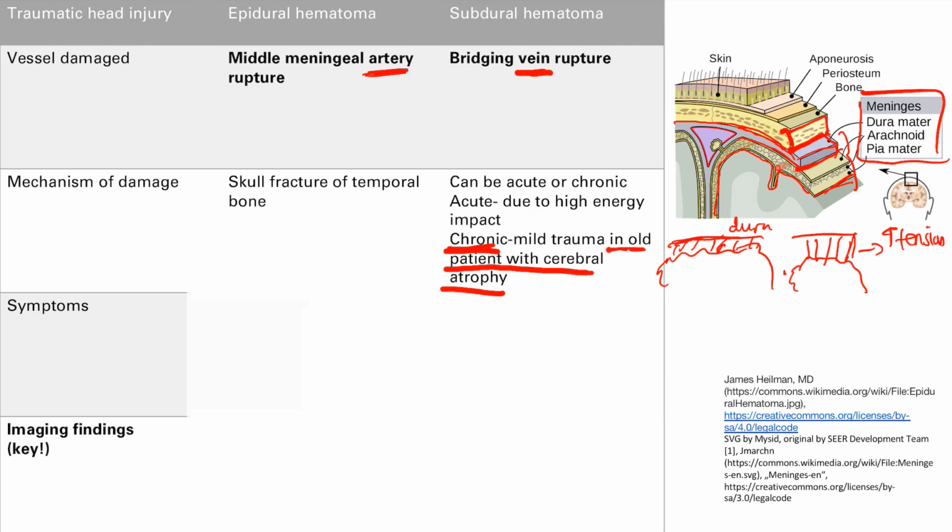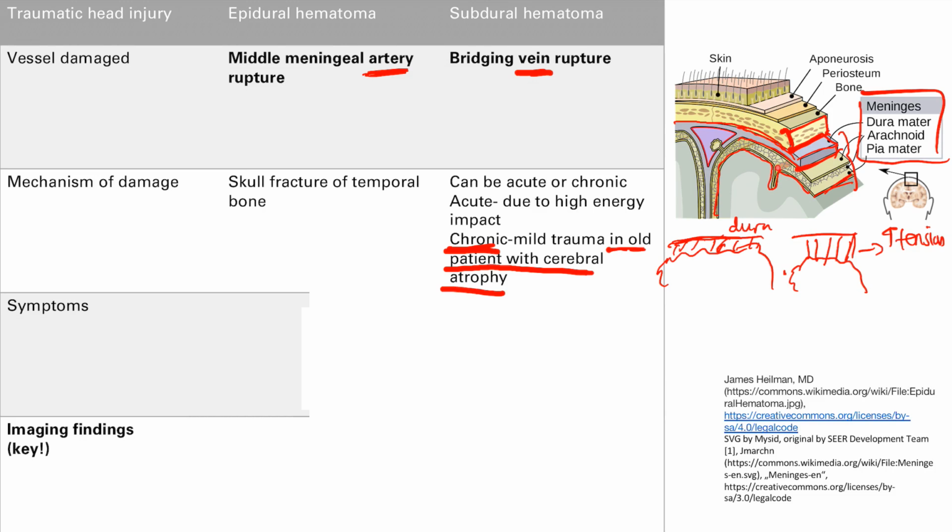So let's start with epidural hematoma again. The symptom here in an epidural hematoma is a lucid interval. What this means is you get an initial loss of consciousness, and that's due to the high energy impact. It's a concussion. You lose consciousness with a high impact, and then the patient wakes up.